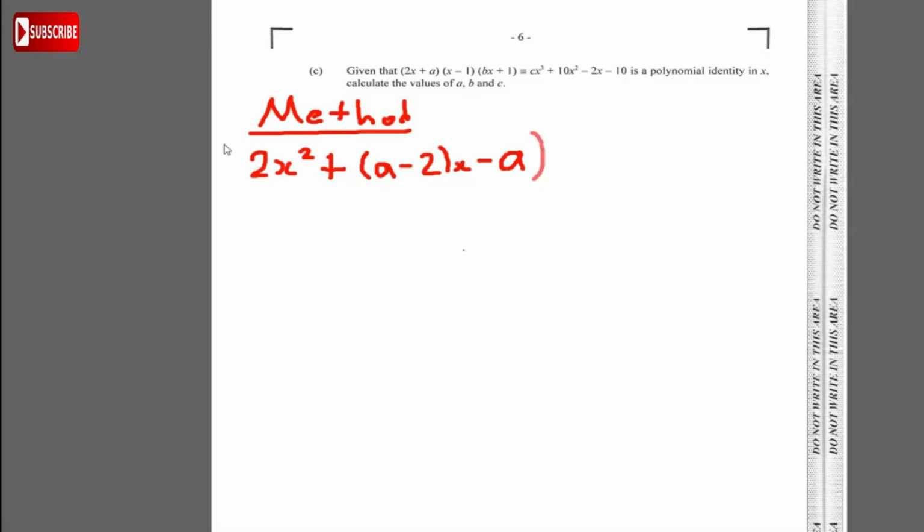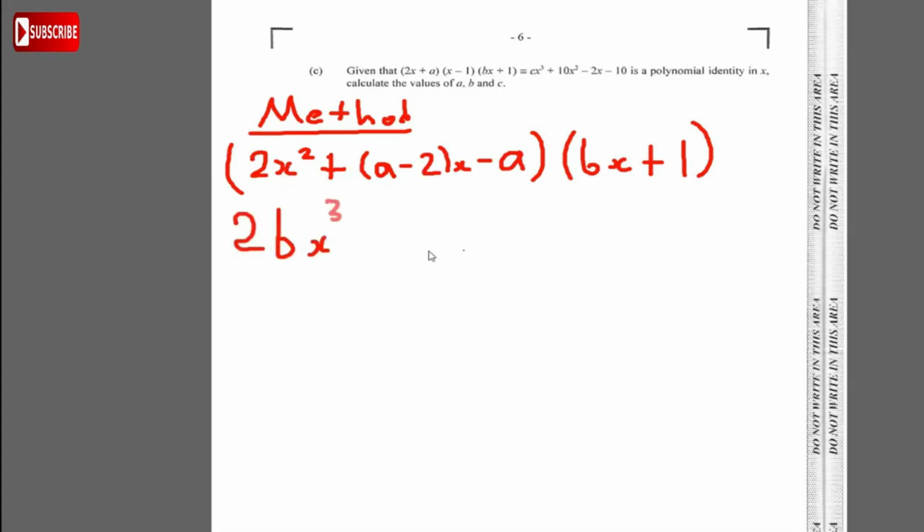So that's that. Then you're going to multiply this by bx plus 1. Multiplying this by bx plus 1, it's going to be 2x squared times bx, that's 2bx cubed.